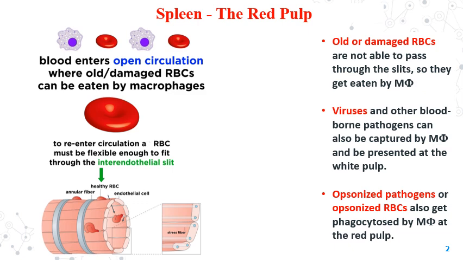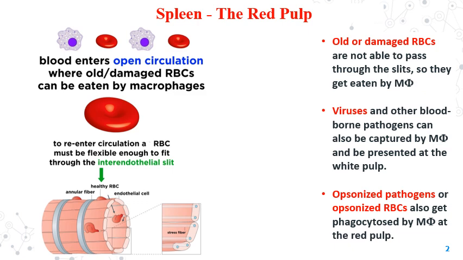So the spleen, remember, you have that open type of circulation. The arteries are not directly connected to the veins. So when the arteries bring the blood to the spleen, through the splenic artery, right? When the blood comes inside of the spleen, it spills out and kind of gets dumped over there.